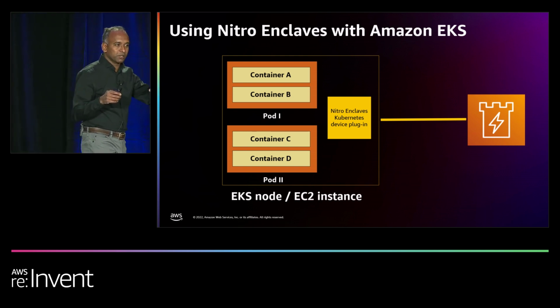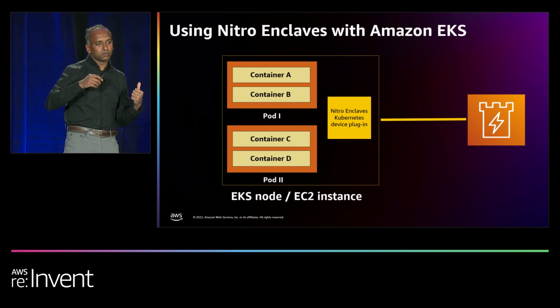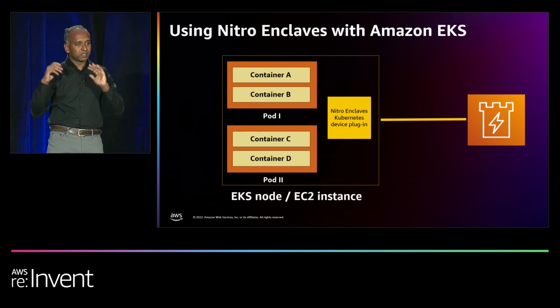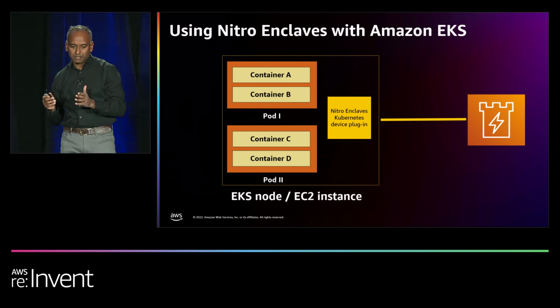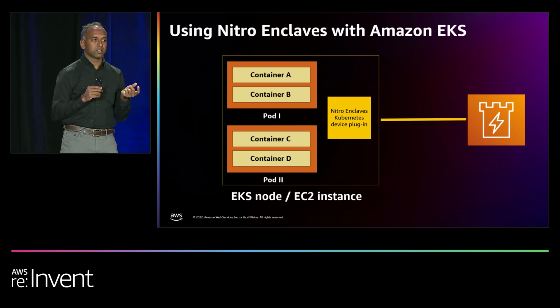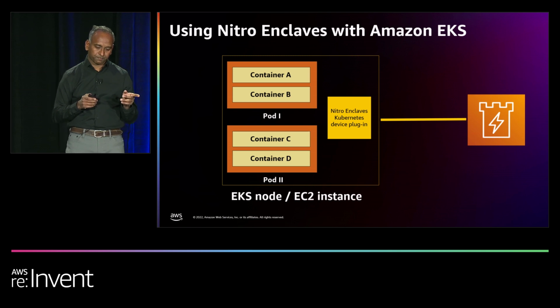If they had to do it prior to yesterday, they'd have to write their own code so Kubernetes can orchestrate Nitro Enclaves. But with this announcement, with this launch, we have now made it easy for you. We now support Nitro Enclaves with Amazon EKS and any managed Kubernetes for orchestrating Nitro Enclaves.